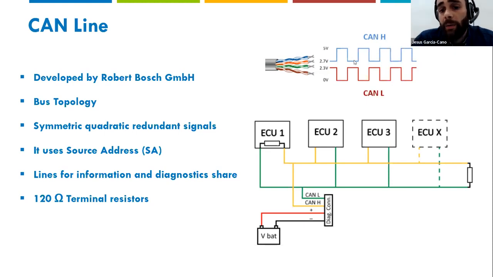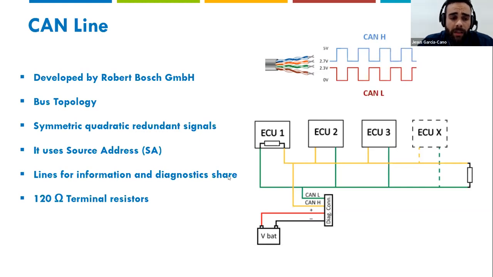And it's redundant because we have the same information on both lines. If we cut, for example, the CAN low, we maintain the information on the CAN high side. Obviously this generates a diagnostic error, but the information is still in the line. So it's a very secure, very stable communication.